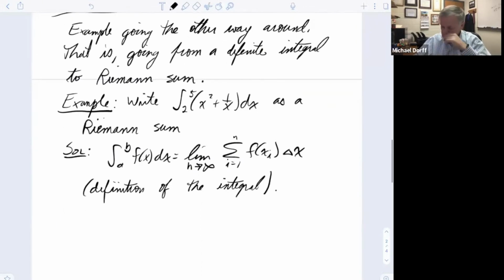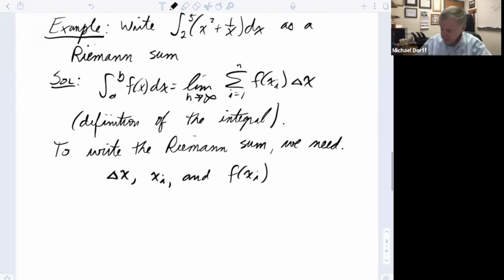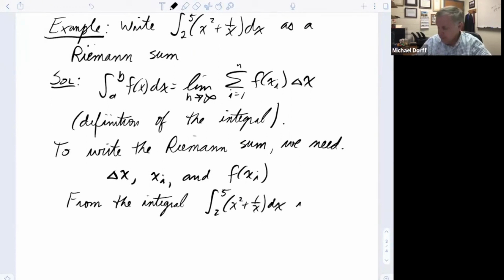And to write our Riemann sum, what do we need? Delta x. We need x sub i and f of x sub i. All right. From the integral from 2 to 5 of x squared plus 1 over x dx, we know that a is 2, that comes from here. b equals 5, because that comes from here.